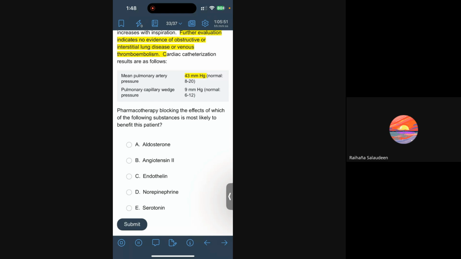Pharmacotherapy for this uses three products.